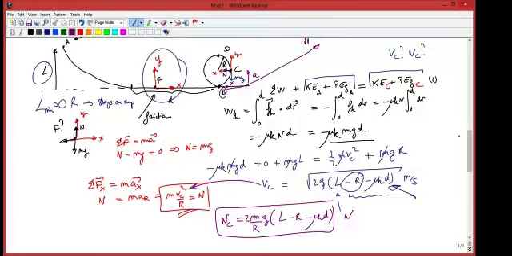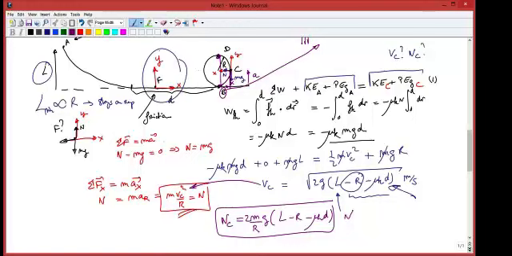As you redo this problem between A and D, for example. At B, the potential energy was 0. At C, it's R. What would it be at D? How high is it at D?